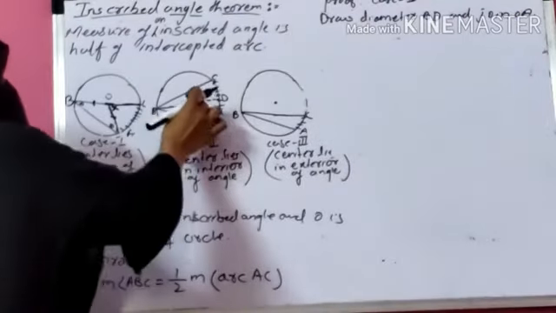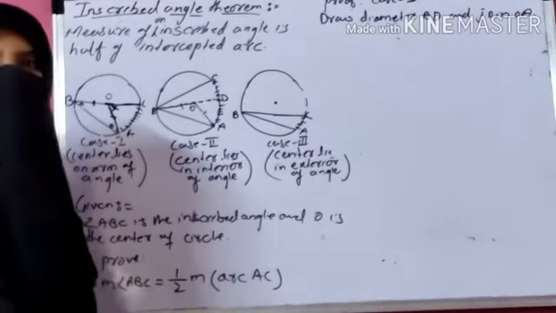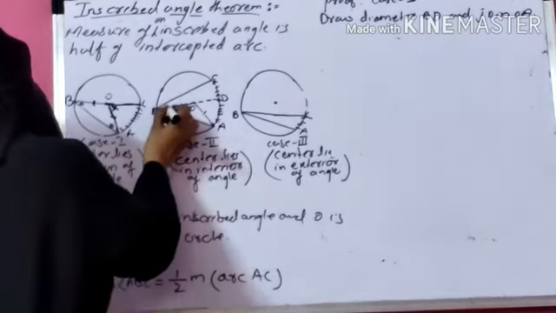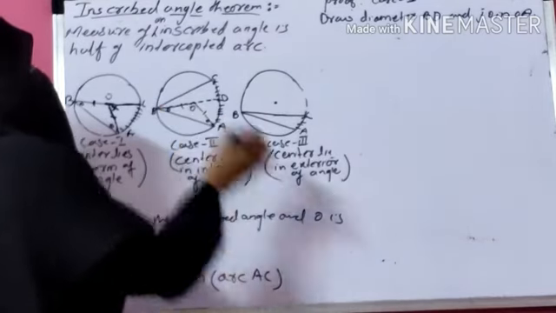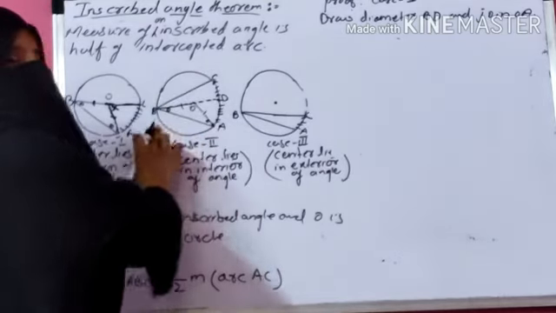Now in triangle OAB, again OA is equal to OB, since they are radii of the same circle. So the angles opposite the congruent sides are also congruent. So angle OBA is equal to angle OAB.